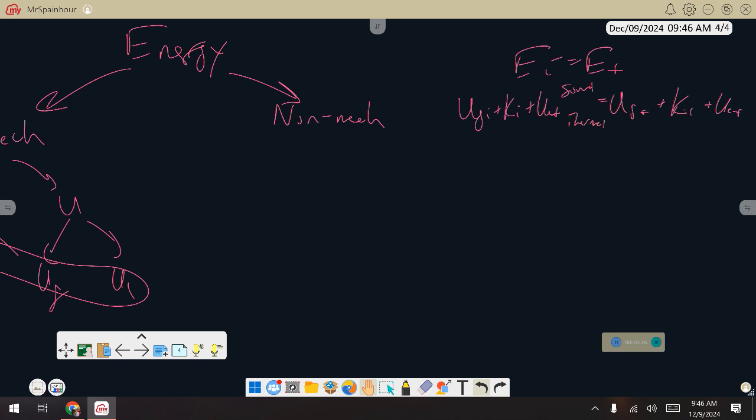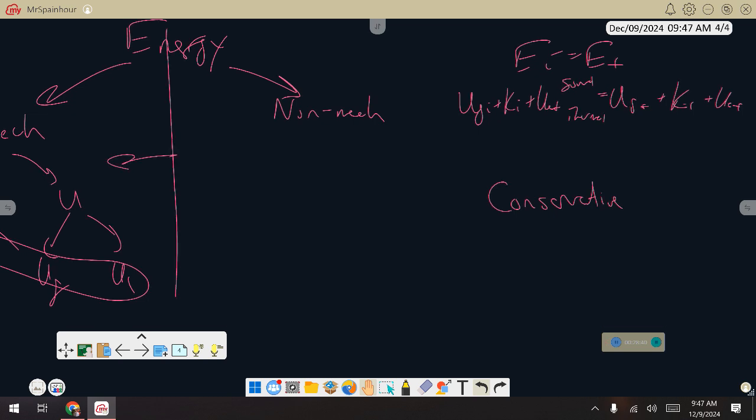And as those are ridiculously hard to measure, one of the things we discussed at length was how conservative forces will basically make mechanical energy go to other mechanical energy. Pretty much if everything is conservative, all the energy is going to stay over here. Now we talked about the fact that's not reasonable, but it is in some cases pretty close to accurate, even if it's not quite perfect.